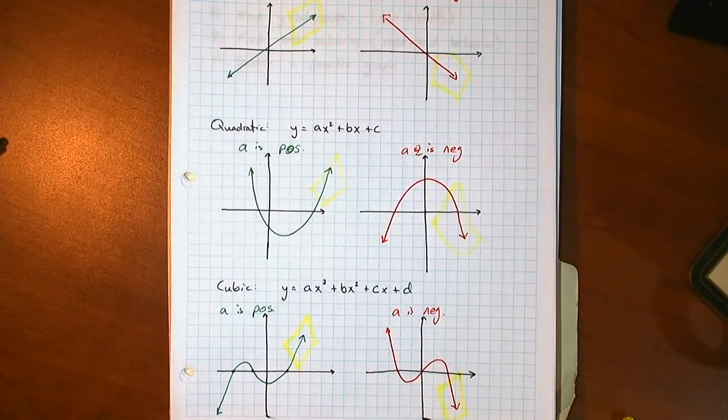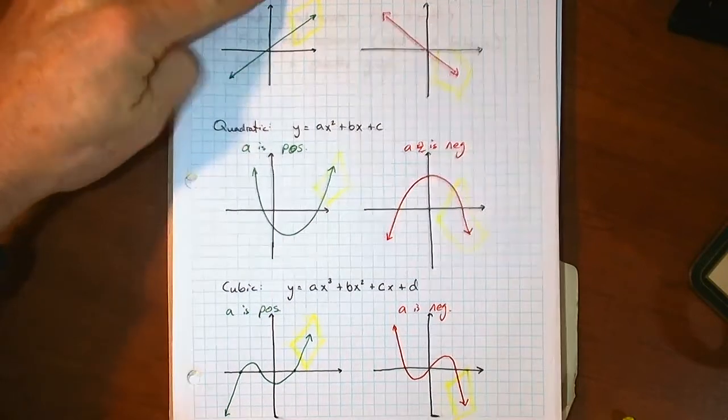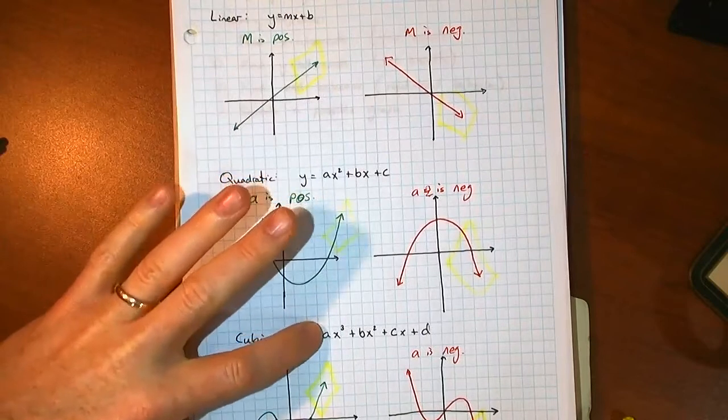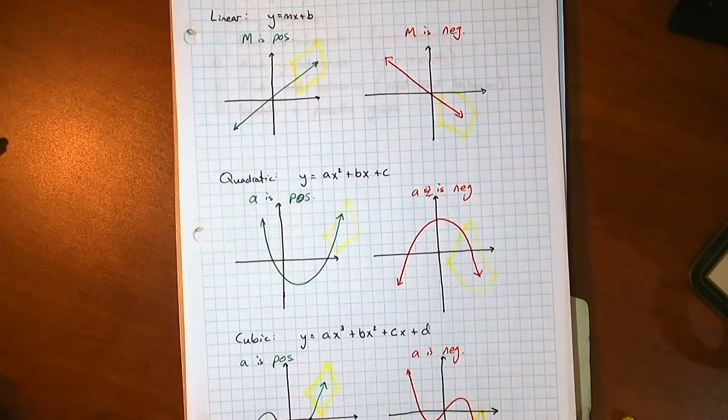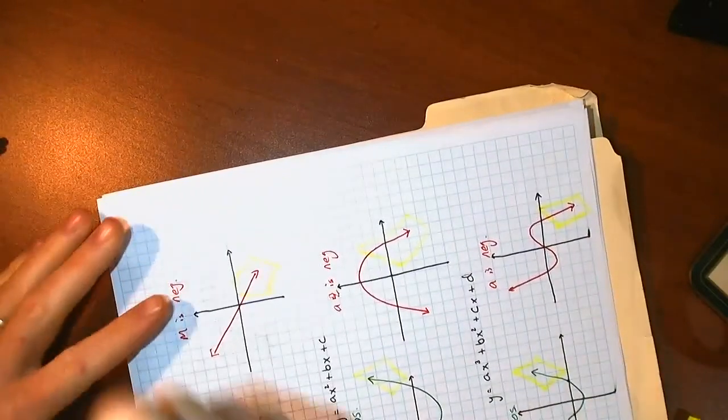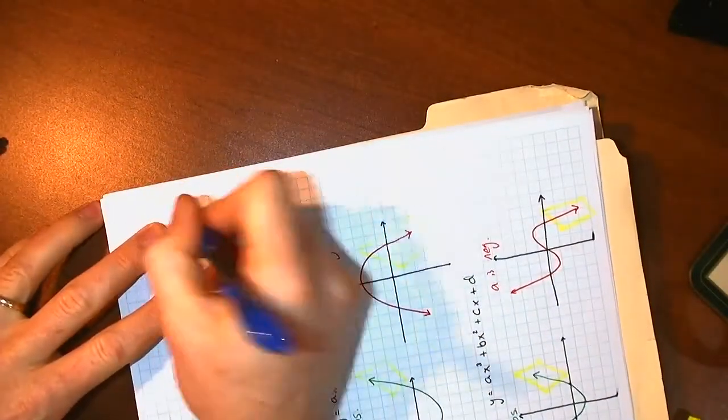If we generalize that rule, it becomes the same for all of them, that when the leading coefficient, whether you call it m or a or whatever you call it, is positive, the graph goes up on the right-hand side. So that's the first half of our rule.